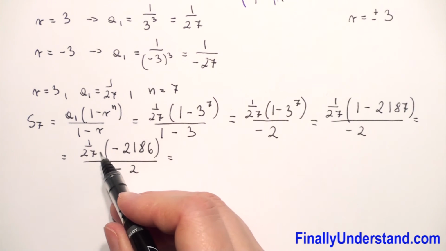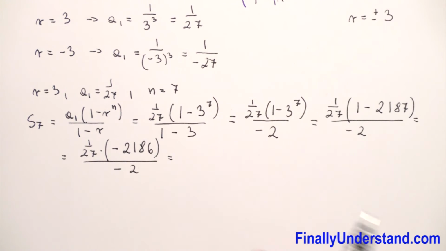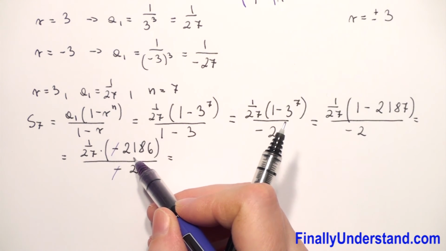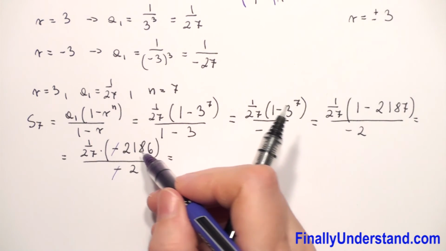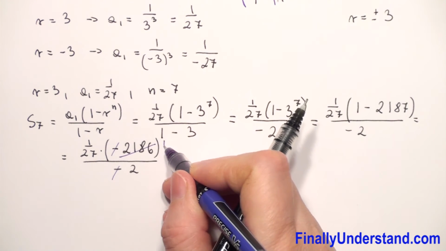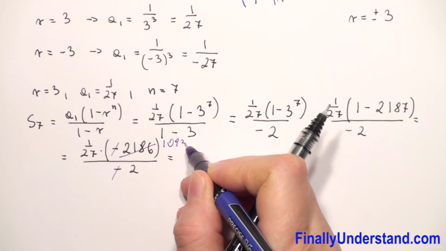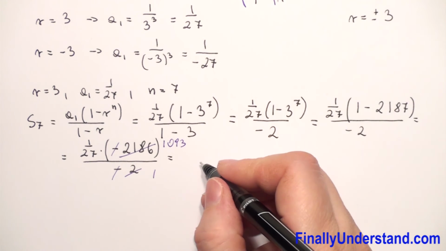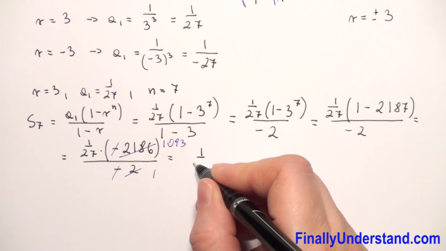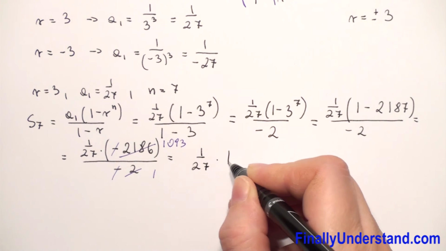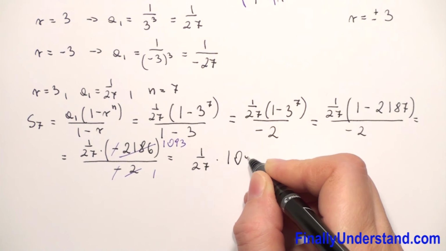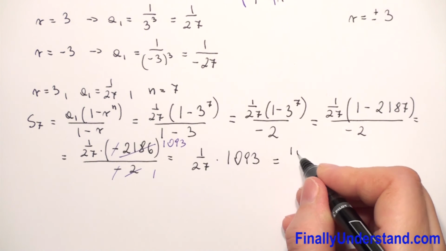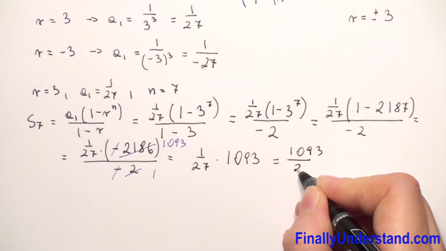Negative and negative, because we have multiplication here, we can reduce. 2186 divided by 2 is 1093 over 1. So we have 1 over 27 times 1093. So this is equal to 1093 over 27.